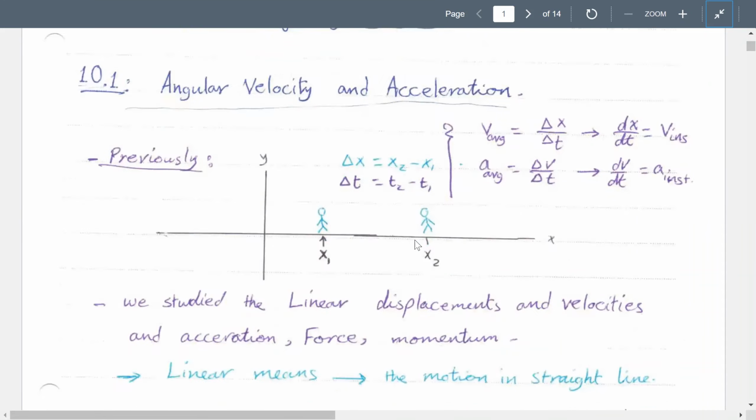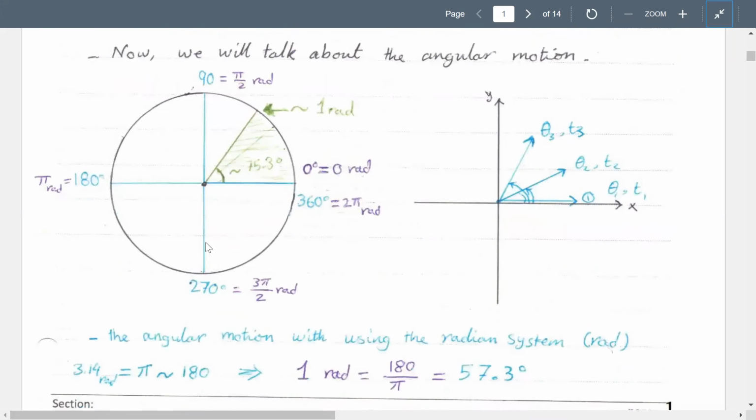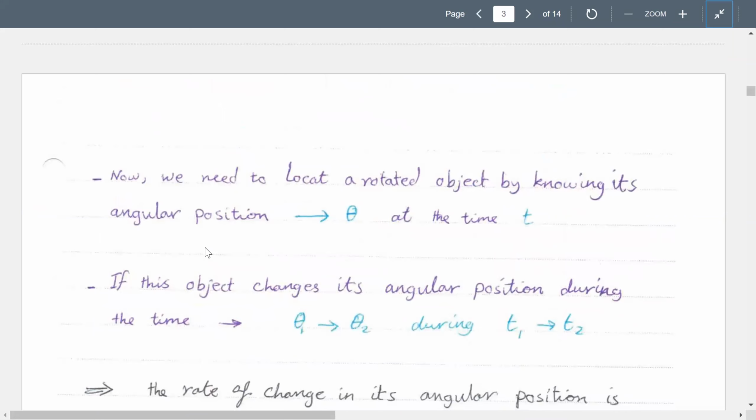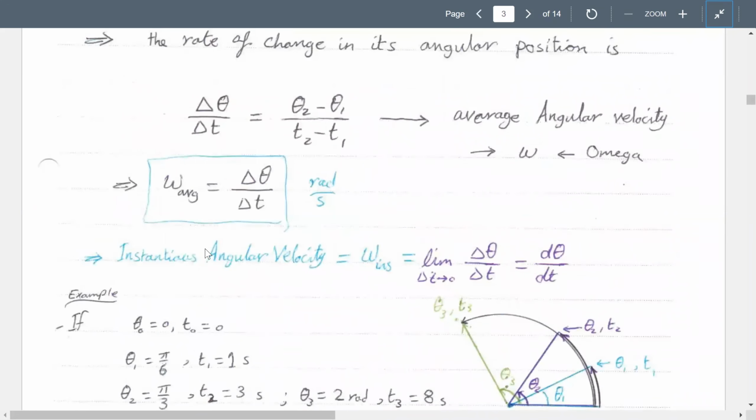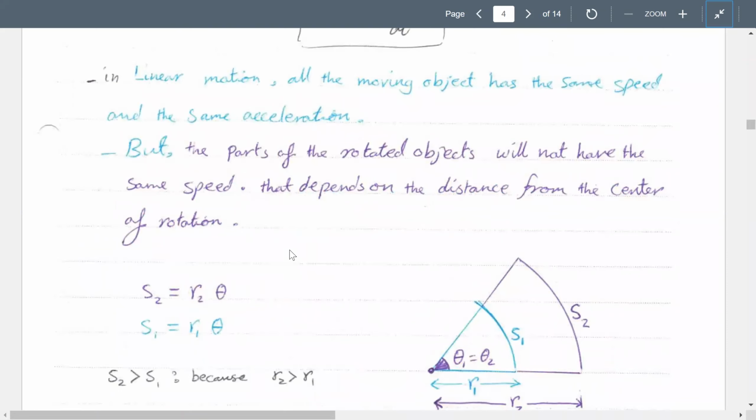But rotational motion is different. The velocity for the far objects is different than the velocity of the closest object to the center. I'm not talking about the angular velocity now. Here, I'm talking about the linear speed.